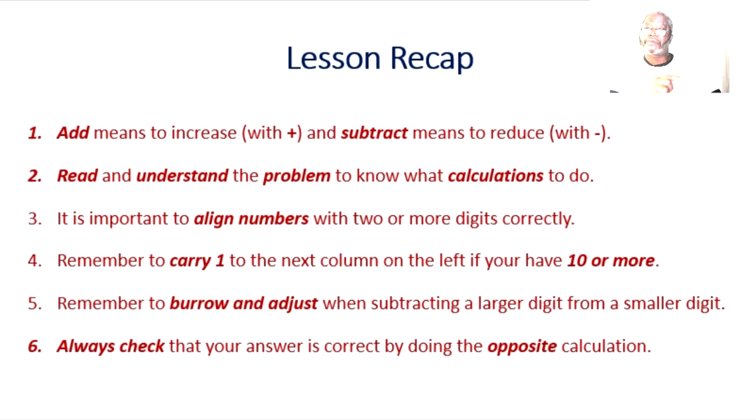But remember, you borrowed it from the tens column, so whatever was in that tens column reduces by 1. If you don't make that adjustment, your sum will be wrong. And this principle is applied right through.